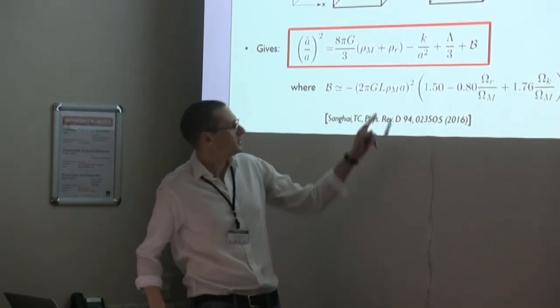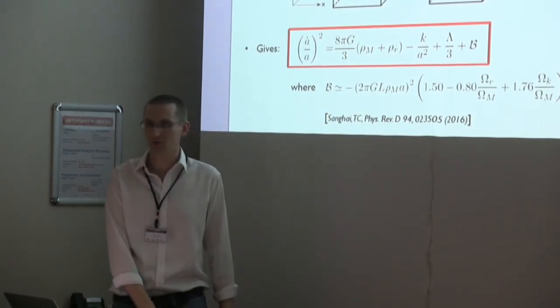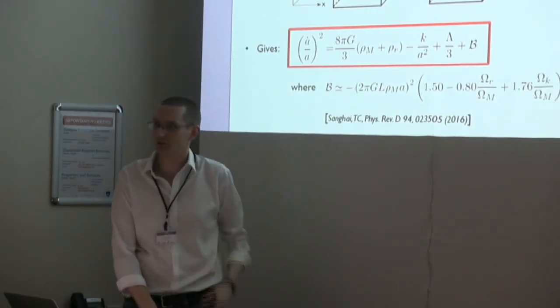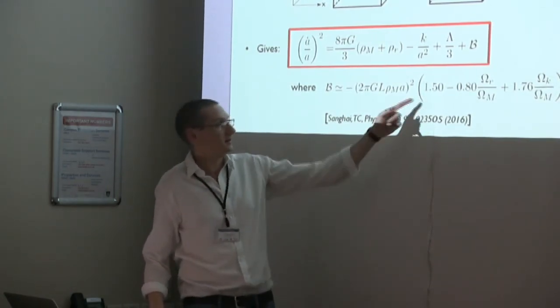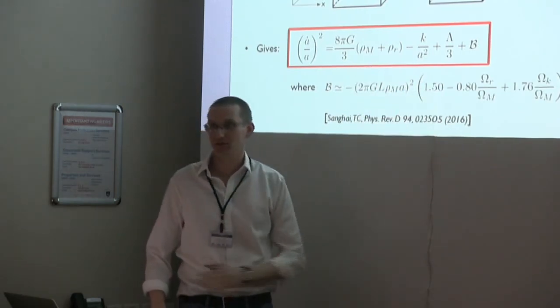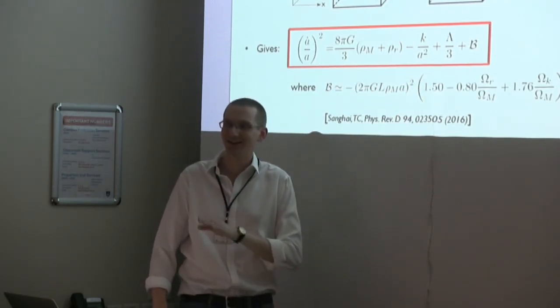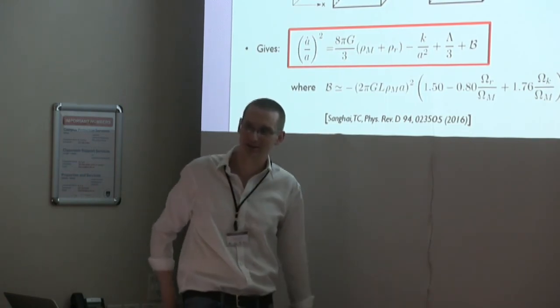This term goes like one over a to the four. So when you get close to radiation equality, this is the same size as everything else. As I said, you don't want to extrapolate quite that far. So at equality, it would be order one, which I don't recommend, but there'd be some interpolation.